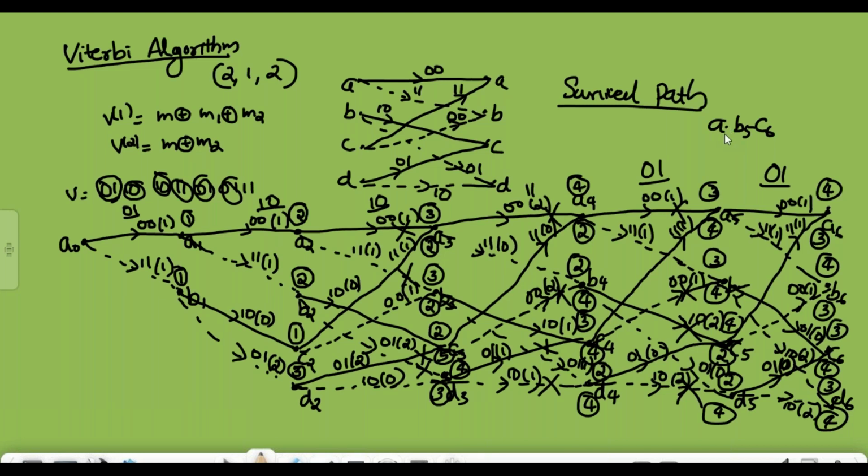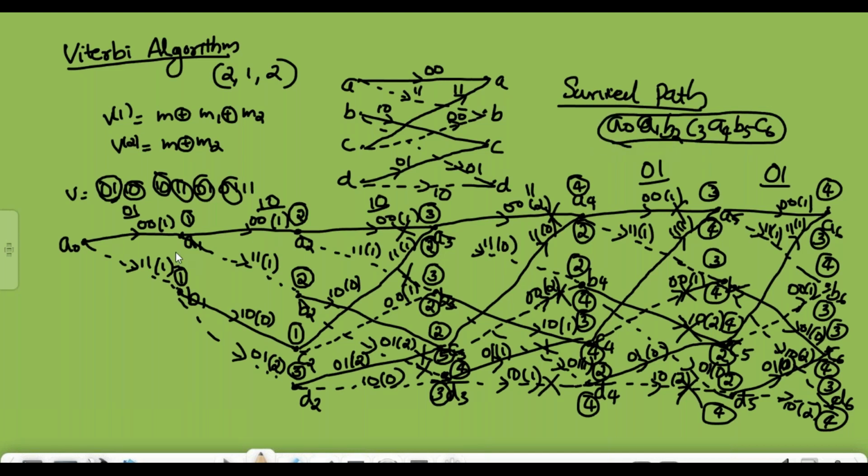From A4, it is cancelled. Then it is C3. Then from C3, B2. From B2, it is A1 and A0. Like that, I have written as an example. A1, B2, B3, A4, B5, C6. We have identified that survivor path like this.